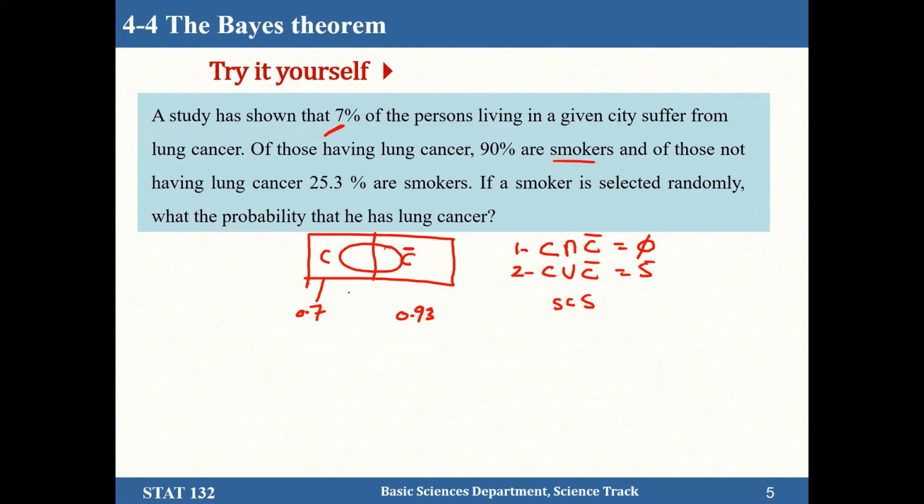This smoking could have lung cancer or not have lung cancer, so also we have two parts. Of those who have lung cancer, 90% are smokers. This means the probability of a smoker given lung cancer equals 0.9.